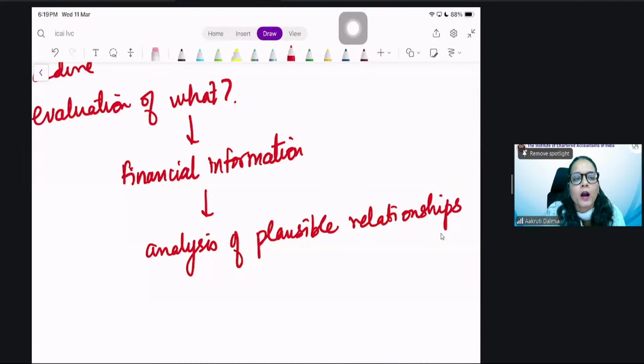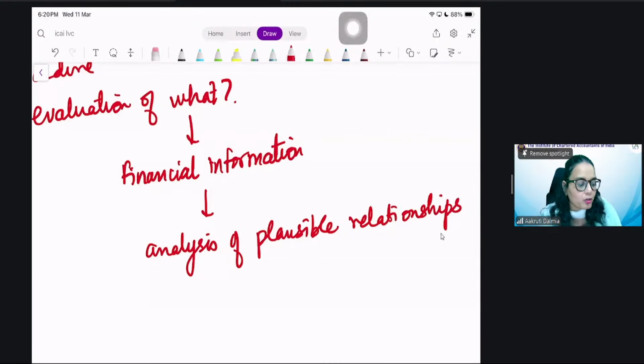Let's say, does the rent I pay have a relationship with the square feet of the space I am using? Yes. The total wages I'm paying, does it have a relationship with the number of workers?